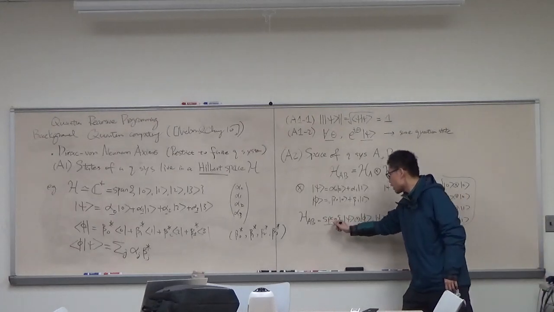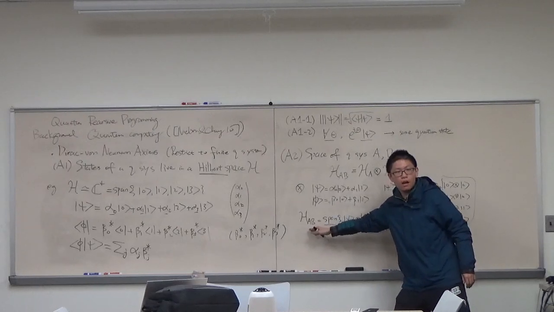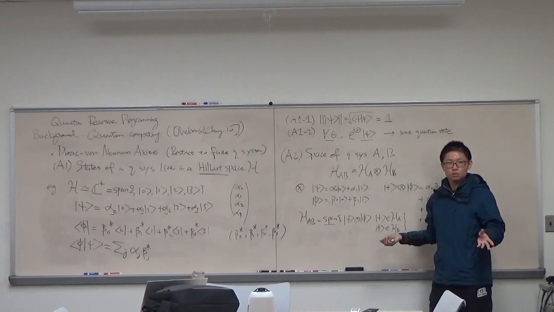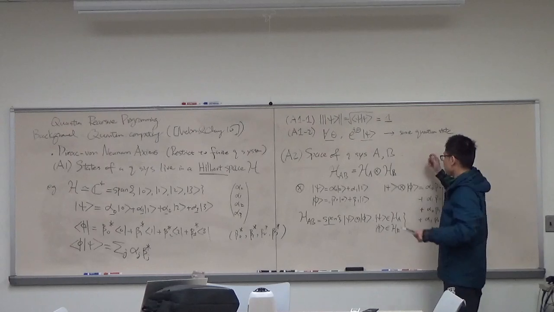As you can see, we have this span. That means not every state in the composite system can be represented by a tensor product. Those states are called entangled states, and here is an example of that.